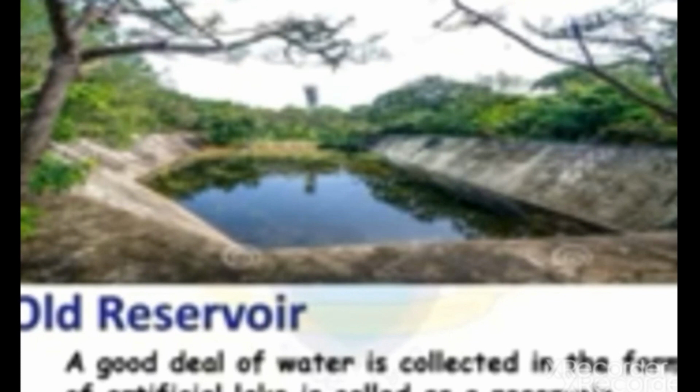Got it? Okay, a good deal of water is collected in the form of an artificial lake. It's called a reservoir. Actually, this is an artificial lake only. Got it? And these old reservoirs were found in olden days.